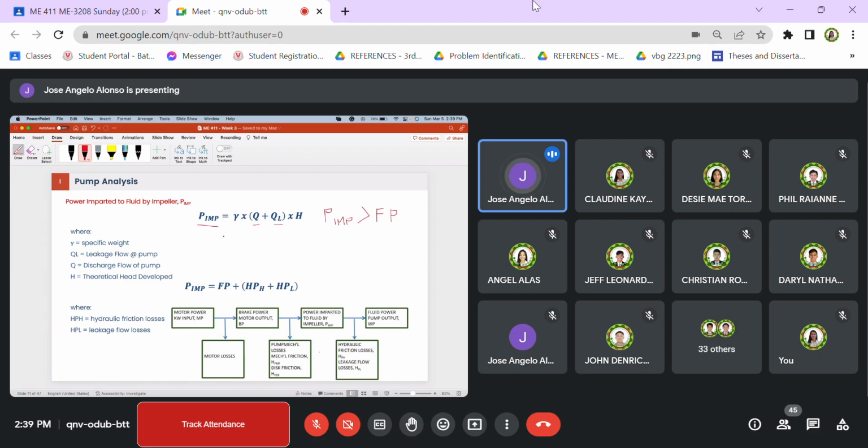Or power imparted to fluid by the impeller is equivalent to fluid power plus all the corresponding losses such as the hydraulic friction losses and the leakage flow losses. So fluid power plus all these losses is equivalent to power imparted to fluid by the impeller.